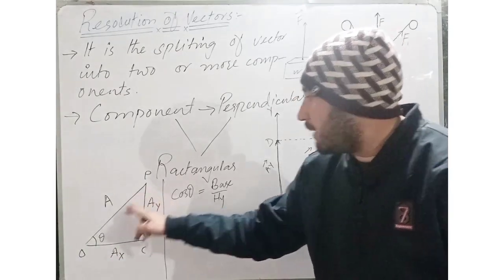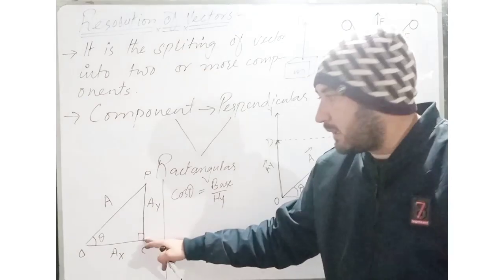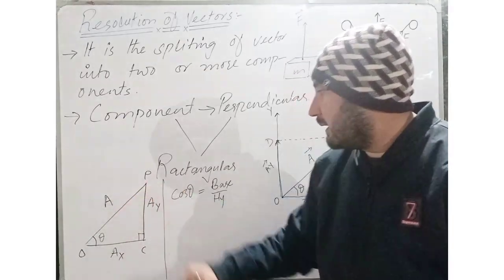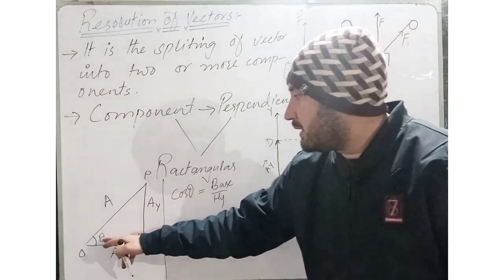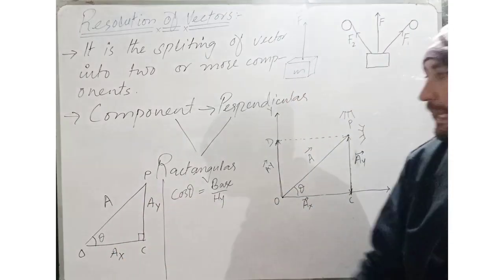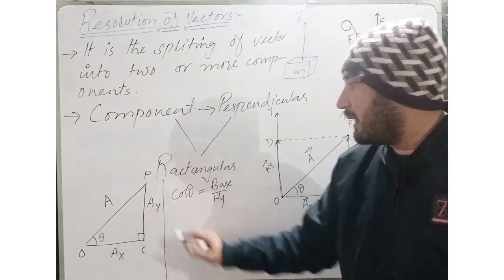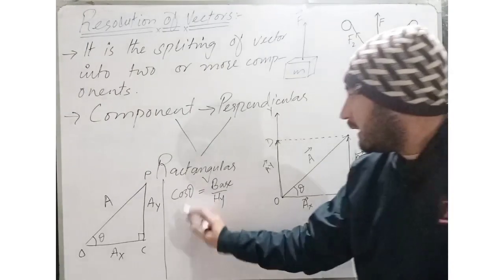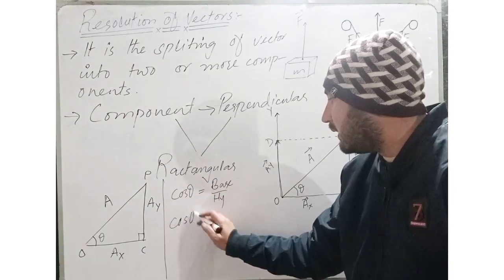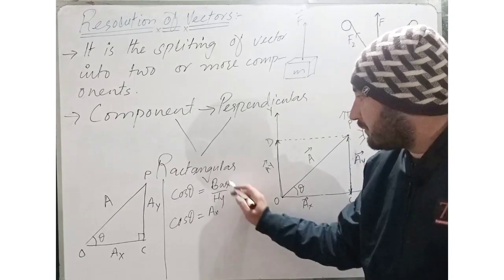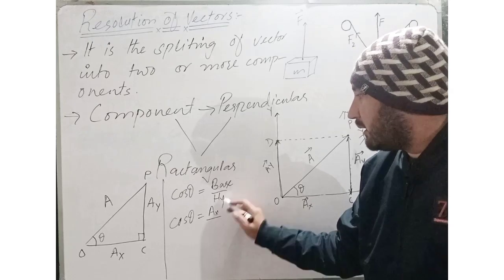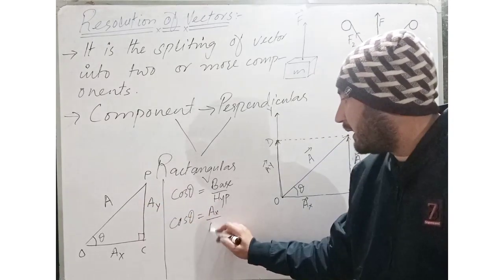The hypotenuse is the side opposite to the right angle, so we have A as our hypotenuse, and the perpendicular is the side opposite to the angle theta, so we have ay as our perpendicular, right? So we can write cos theta is equal to, replacing base with ax and hypotenuse with A.